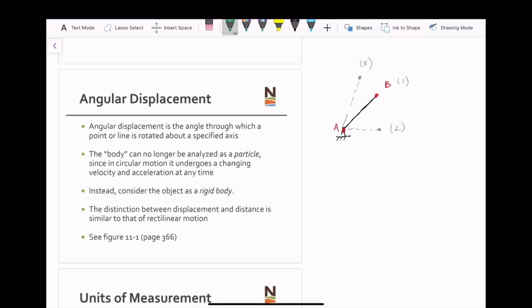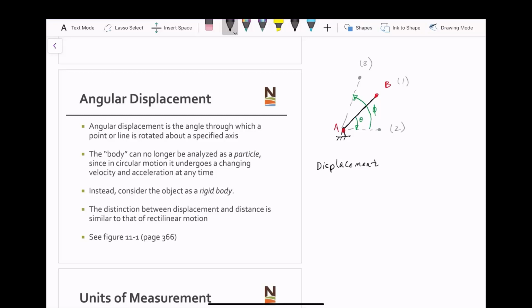That means it starts at the solid line, moves down to position 2 through an angle, we'll say theta, and then back up through an angle we'll call phi. Remember, displacement is the same in angular motion as it is in rectilinear motion, in that it is a vector, not a scalar.